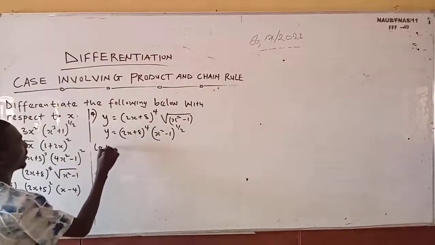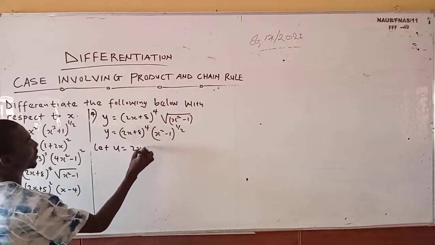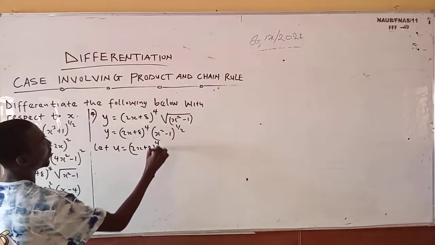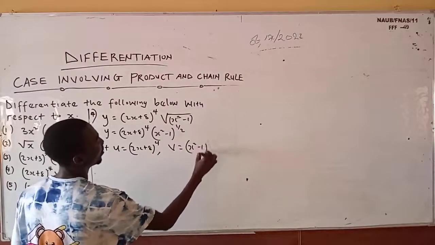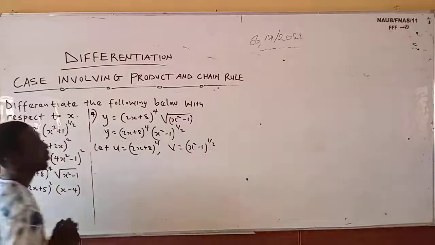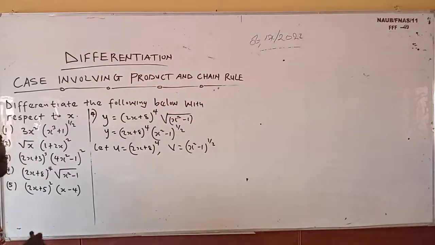Let u equal (2s plus 8) to the power of 4, and v equal (s squared minus 1) to the power of half.